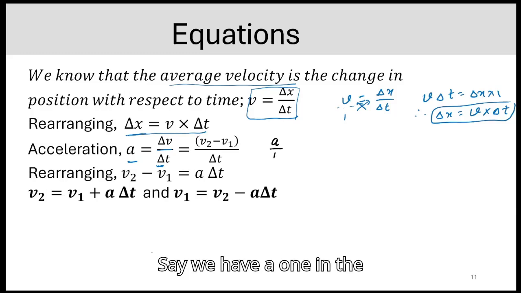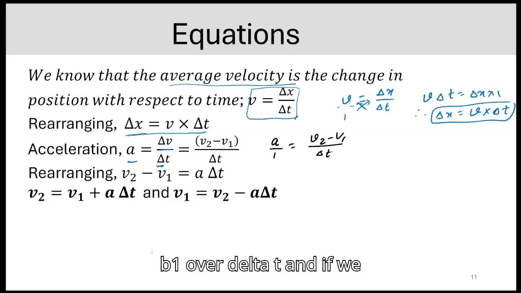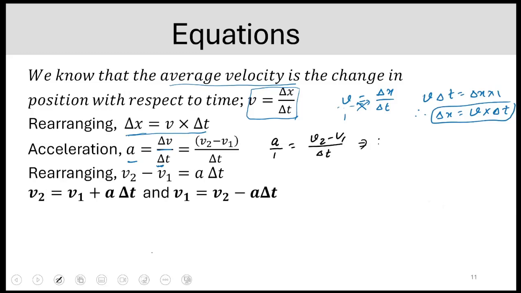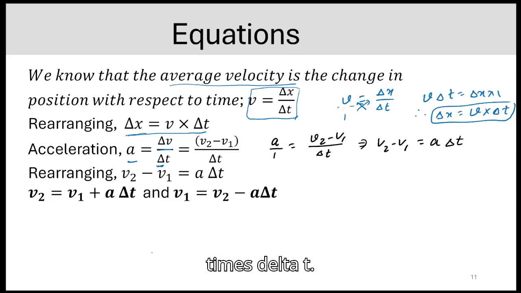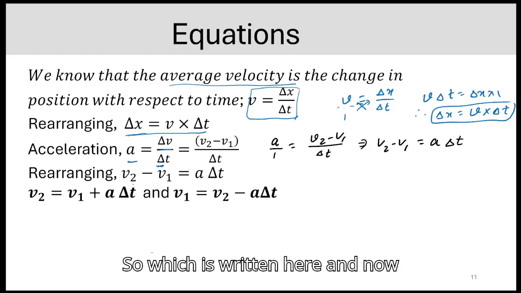Say we have a 1 in the denominator, then v2 minus v1 over delta t, and if we cross multiply it we get v2 minus v1 is equal to a times delta t, which is written here.